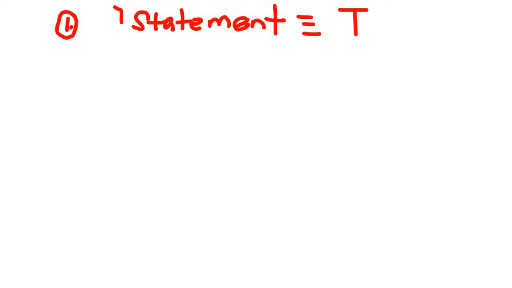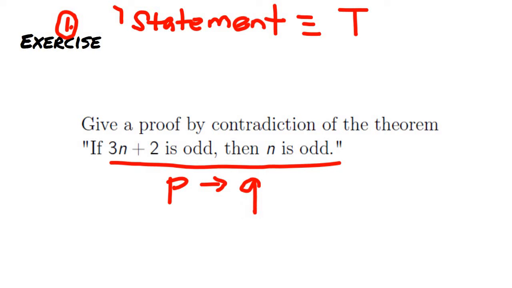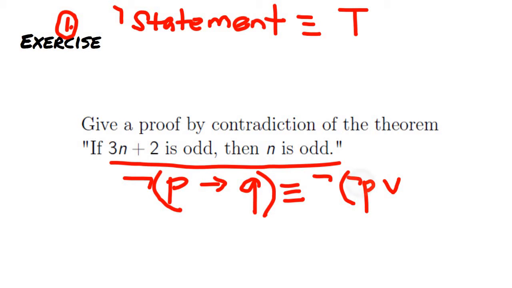What is the negation of the whole statement? If this is P implying Q, then using implication equivalence, you have not of (not P or Q).